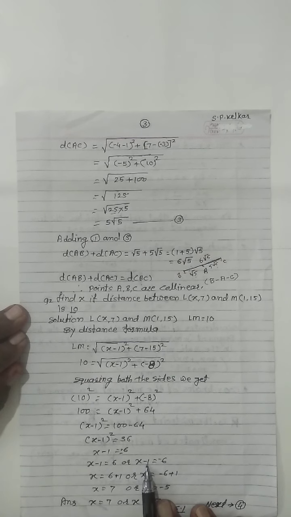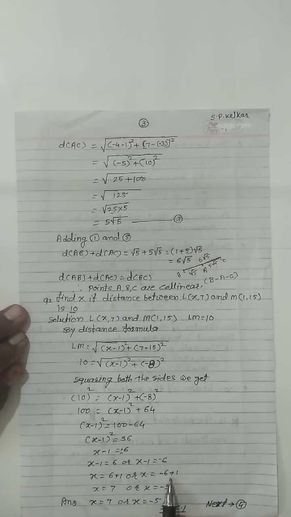Now this minus 1 also goes to the right side and changes its sign, so minus 6 plus 1, we get minus 5. x equals 7 or x equals minus 5. These are the two values of x.